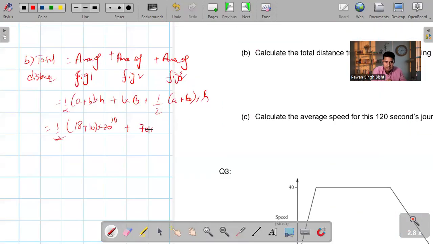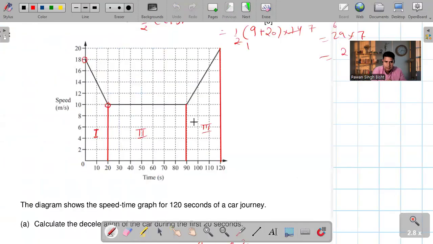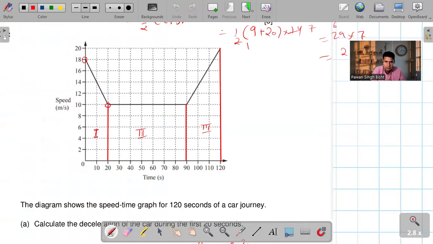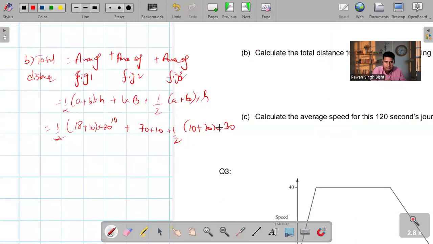70 times 10, plus half a plus b. This is 10 and this is 20. So half of 10 plus 20 times height. From 90 to 120, it's 30.